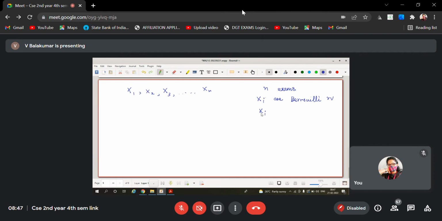Xi can take values from 0, 1. Usually we write either 0 or 1. Anything is fine. This is the situation we have. Xi can take values from 0, 1. 0 refers to fail, 1 refers to pass.